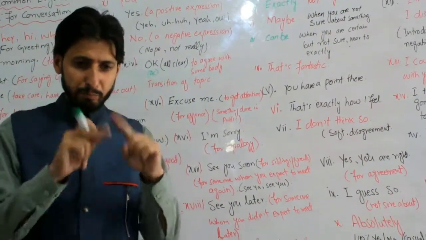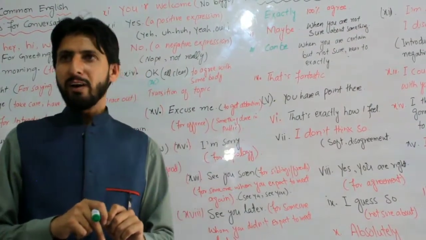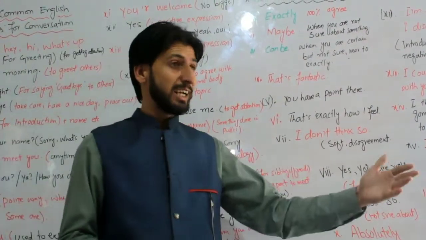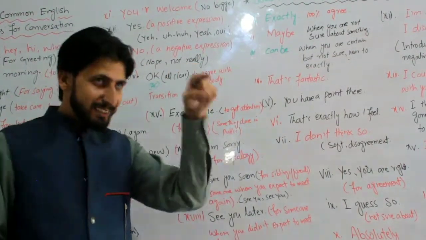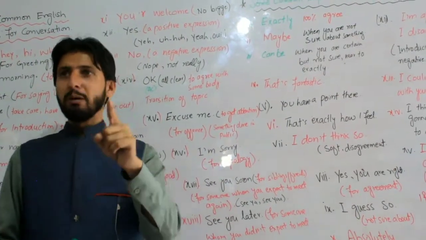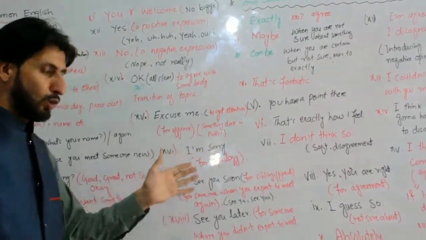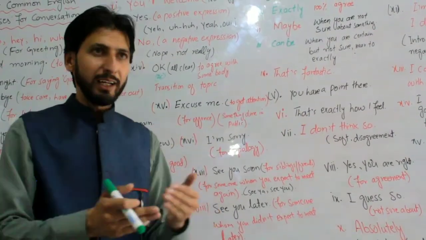But in the meantime, in the conversation, a point arises. The person who is disagreeing with the first person says, "Oh, this is the point. That is the point. You have a point there. Okay, I agree on this point. I agree with you on this point."